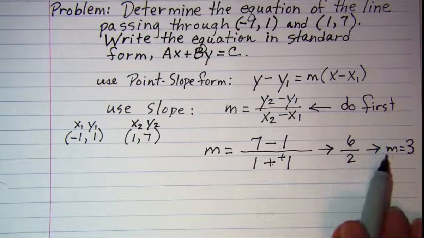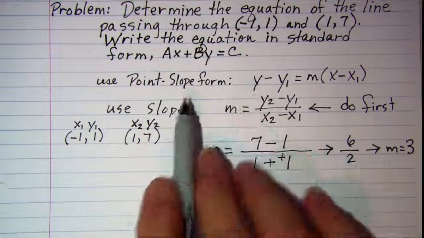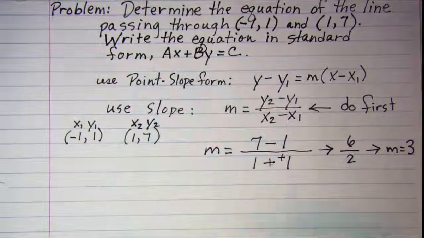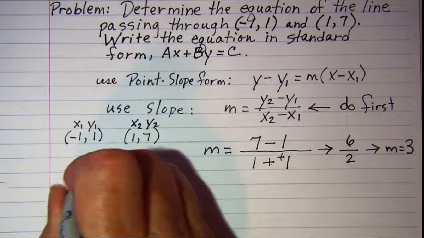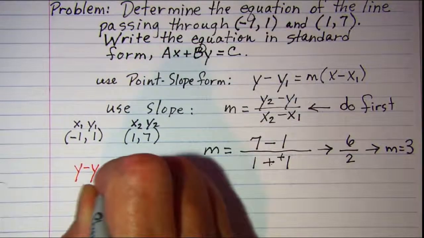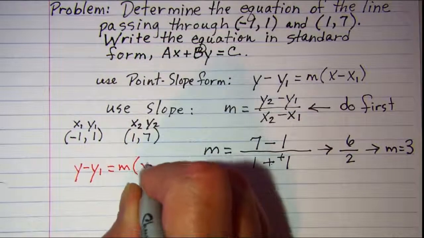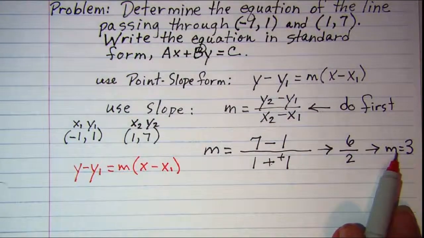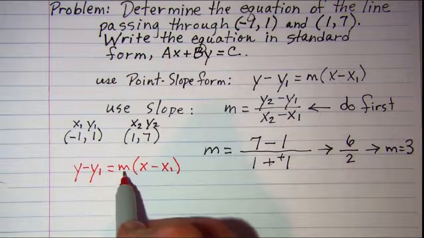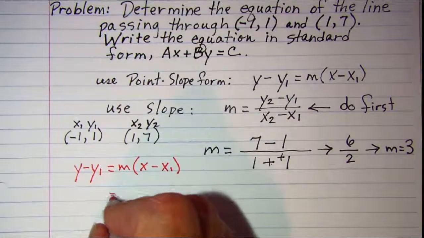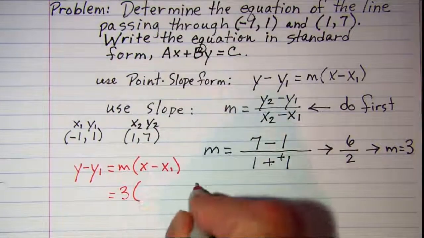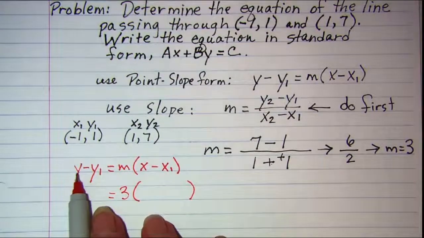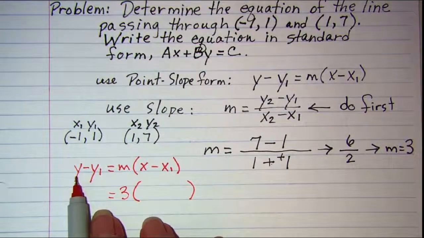Now that we have a value for our slope, we can use our point-slope form. The point-slope form again is y - y1 = m(x - x1). And I have a value for m, that's 3, so I can put that in right here for m. My x and my y are the variables, and they will remain variables.